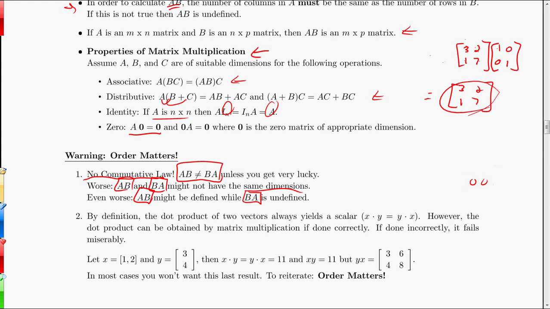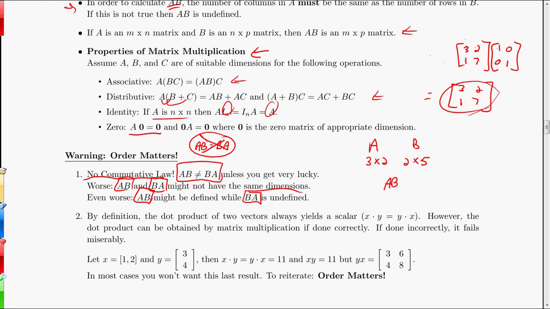Order matters. You don't want to just immediately assume that AB equals BA because it has in all of your previous math courses. That is no longer true. In fact, suppose you have A, which is a 3 by 2, and B, which is a 2 by 5.